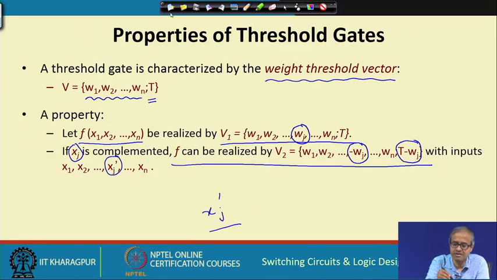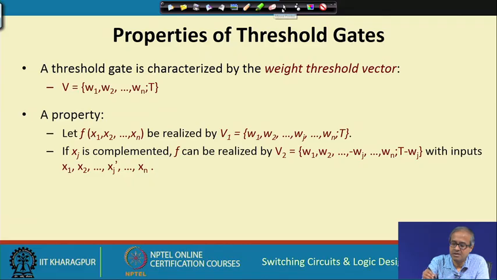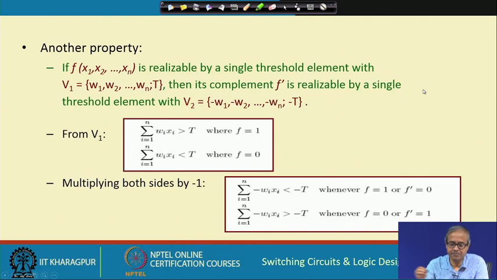This is one result I wanted to show, and another result is, let us consider f is a threshold function and this is the corresponding weight threshold vector. Now, suppose we want to implement the complement of f.